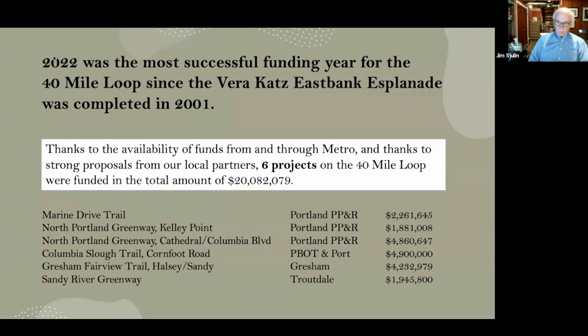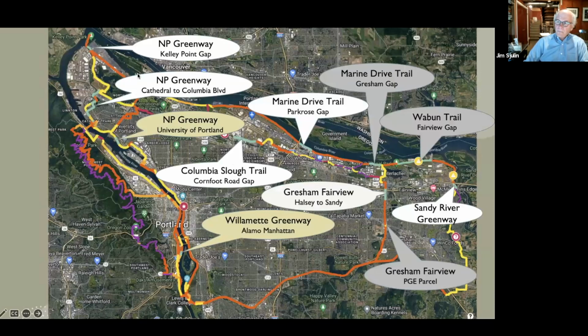So we were fortunate to get 6 projects funded in the 40-mile loop to a total of about $20 million, which is pretty impressive. And we're very happy about that. And we'll see progress in the next few years. And the next slide can show you where.